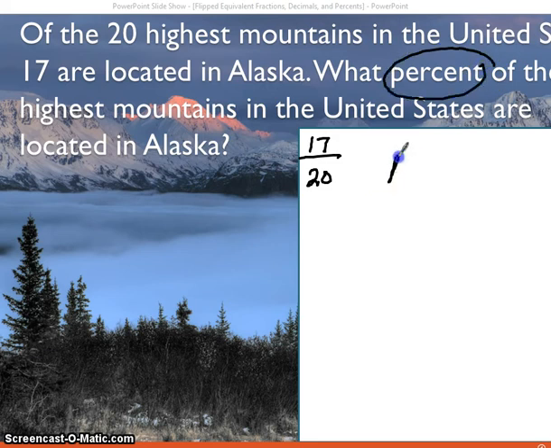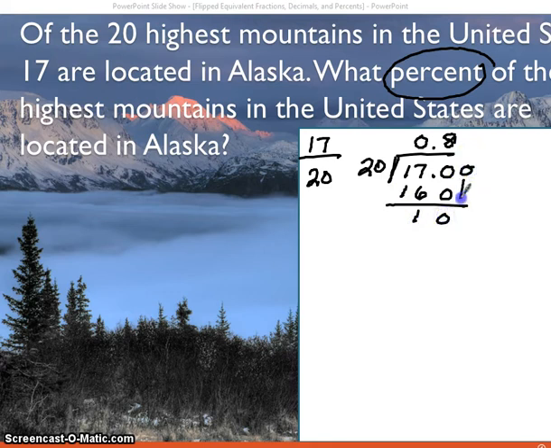We want to know what percent. So we will need to divide 20 into 17, which will go in no times, which makes sense because not all of the mountains are in Alaska. 20 will go into 178 times, which is 160. There's 10 left over.